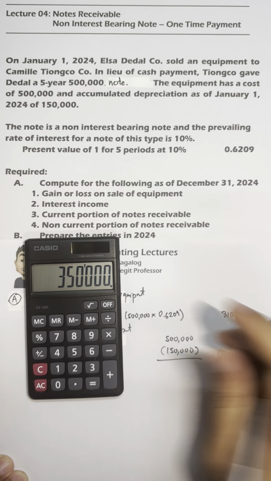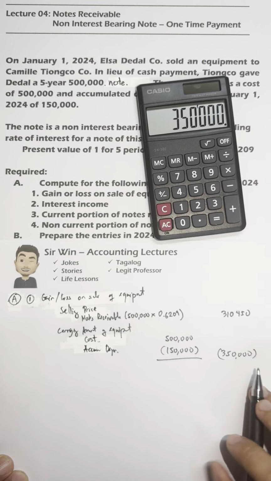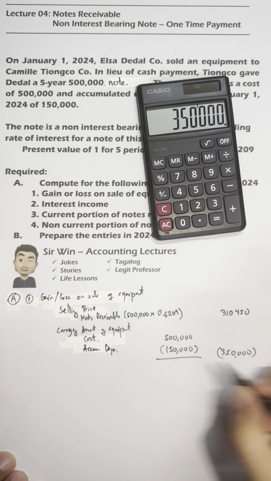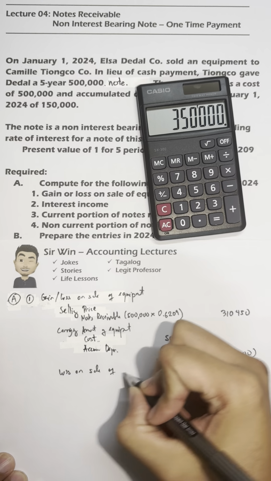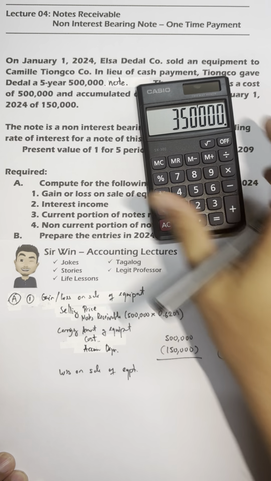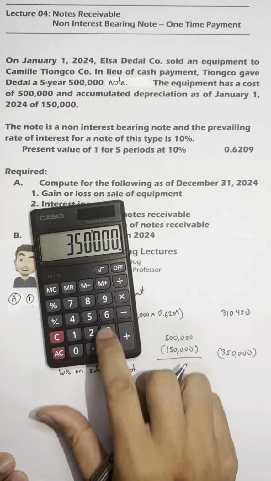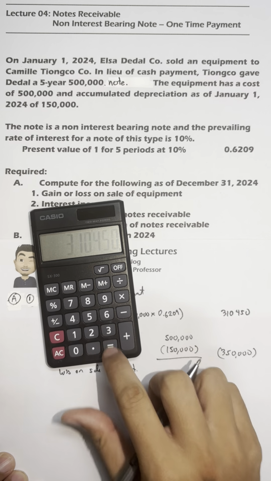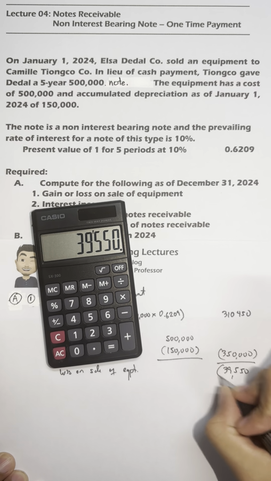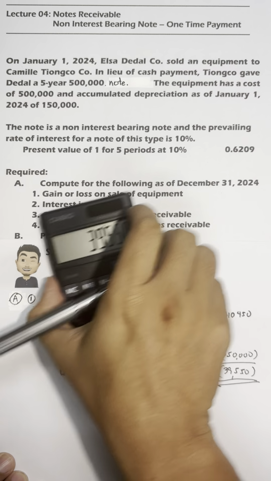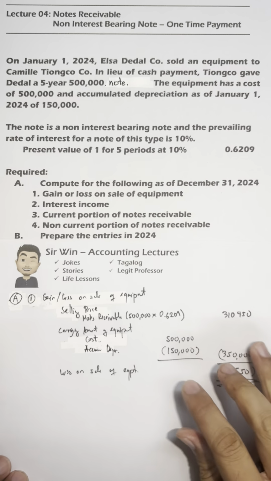And then the carrying amount will be compared with the selling price, which is the present value of the note. Okay? That would be the loss. The loss on sale of equipment. How much is that? 350,000 minus 310,450. The loss is amounting to 39,550. Naka-negative. So that's the answer to number 1.